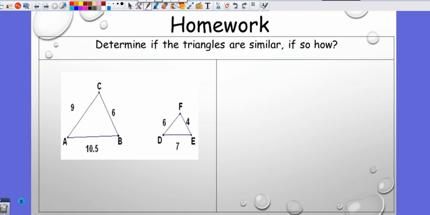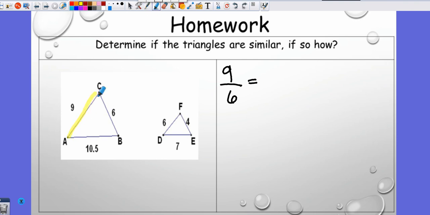All right, let's see what we're working with next. It says determine if the triangles are similar. It's giving me all the sides, and it says that if two triangles are similar, the ratio of all of the corresponding sides should be equal to each other. So 9 over this 6. And if you still need to highlight to match your sides, then go ahead and do just that.